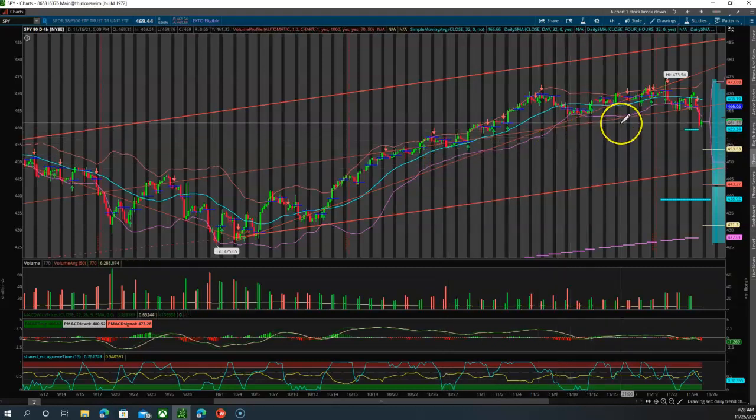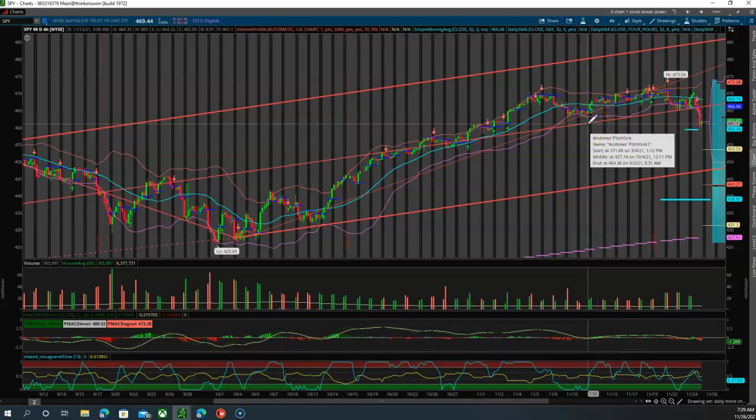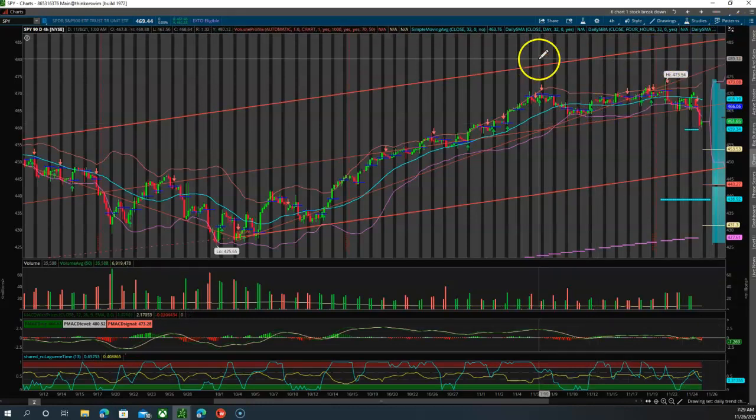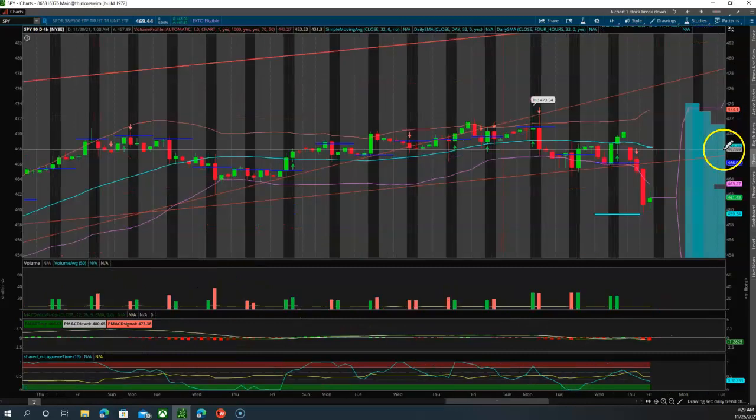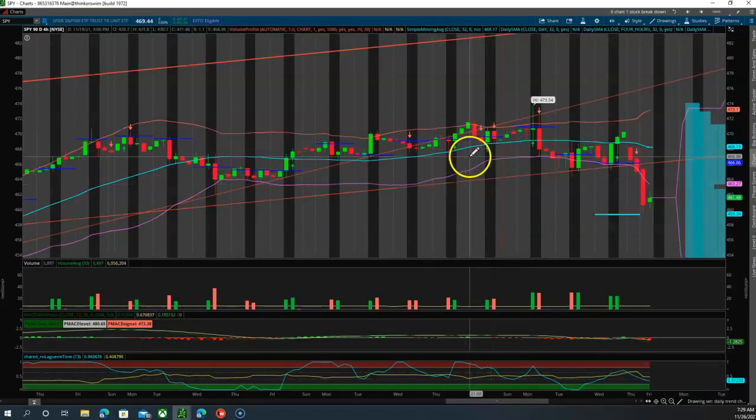All right. And as we said before, using the easy 1, 2, 3 criteria, we first look for a break in trend. So let's make that a little bigger.